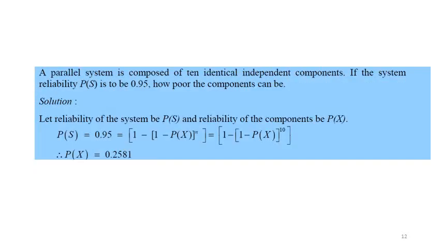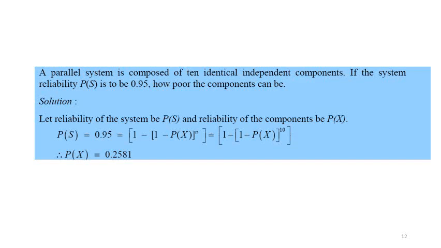One more example. A parallel system composed of 10 components. Here n equal to 10 and P of s equal to 0.95. The system reliability is given. Then what is the component reliability? We know that 0.95 equal to 1 minus, in bracket, 1 minus P of x, all raised to 10.